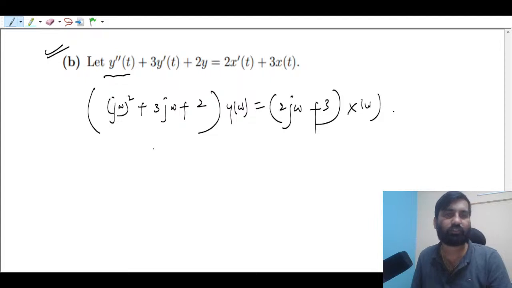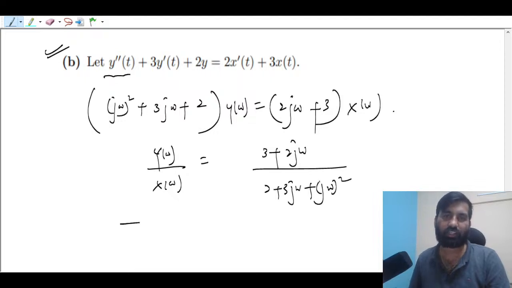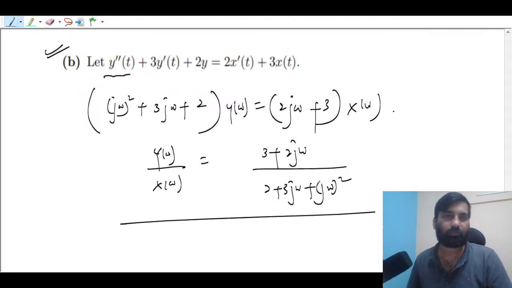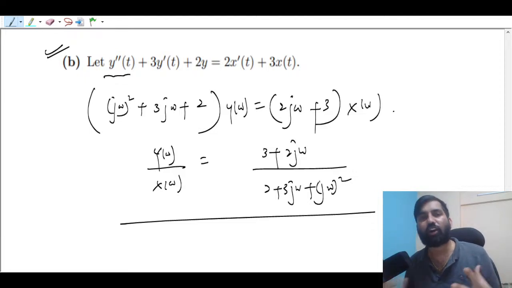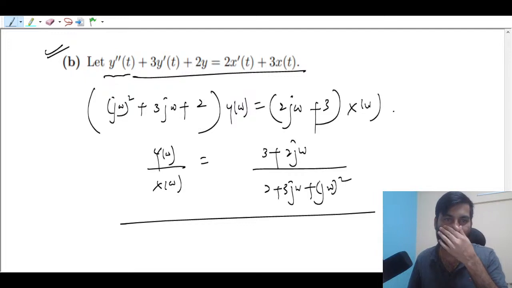Now you can take the ratio Y of omega by X of omega: 3 plus 2j omega by 2 plus 3j omega plus (j omega) square. Same as what we got before. Your input and output are described by the differential equation, so you can find the transfer function.